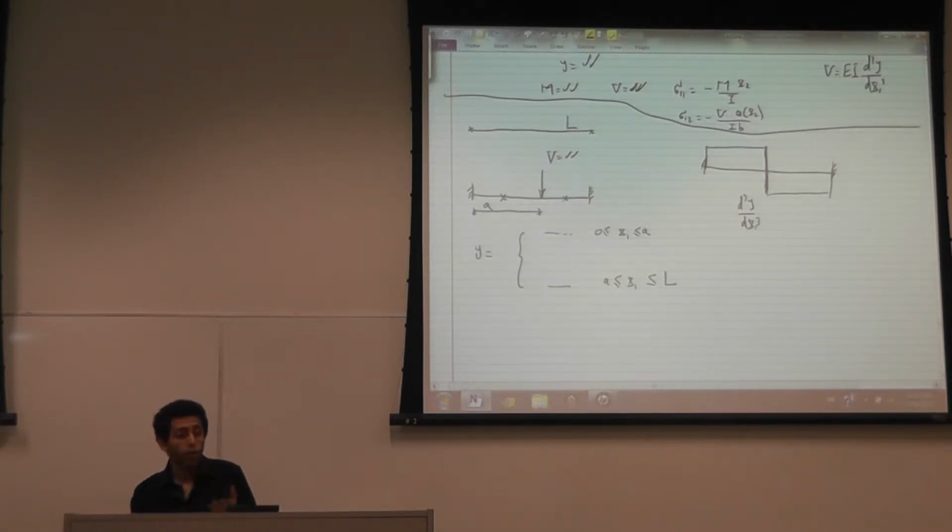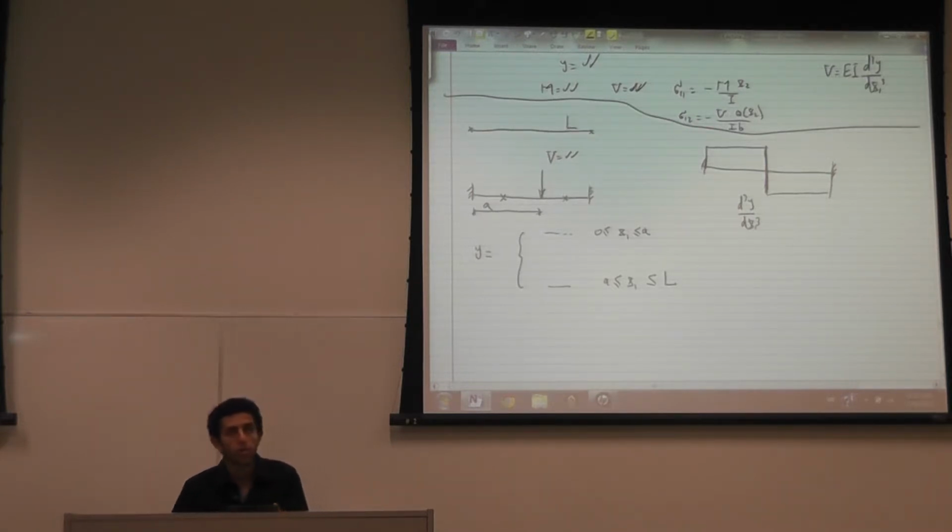And so, for this particular problem, because we're doing it by hand and looking for the exact solution, you have to divide this into two problems, solve the first problem and solve the second problem to find the displacement along this whole beam.